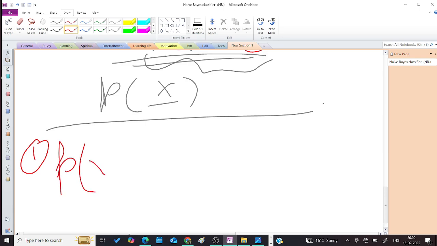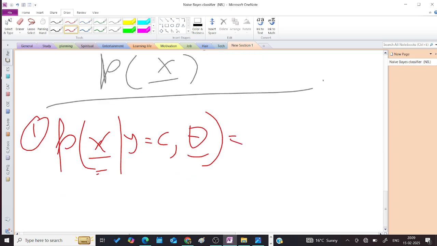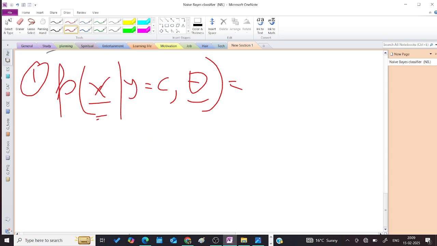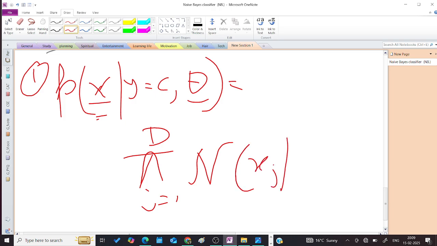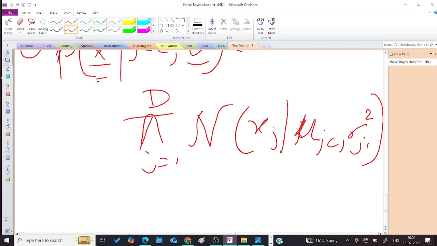So what I am saying, if y equals c, if this vector x is real valued, then we can say this is nothing but the product of N of xj given mu jc and sigma squared jc, right?